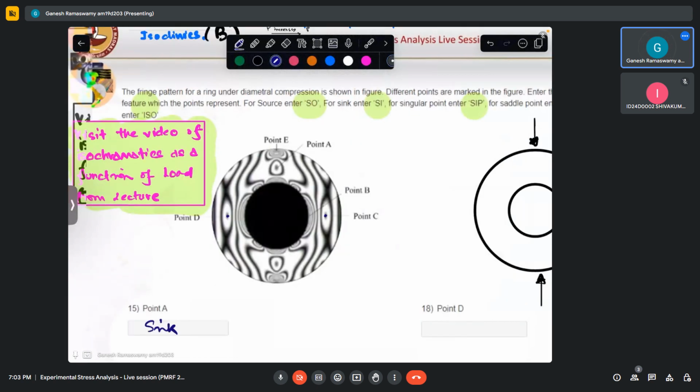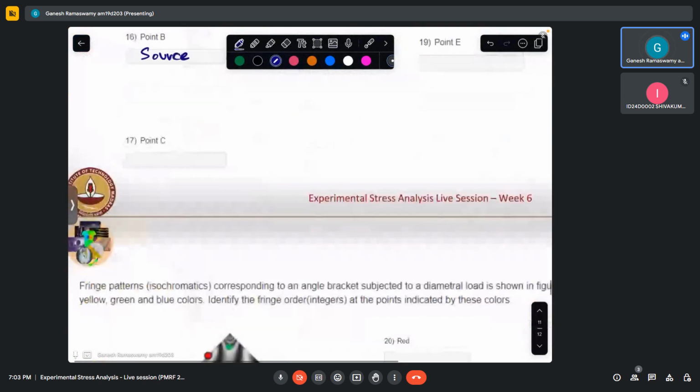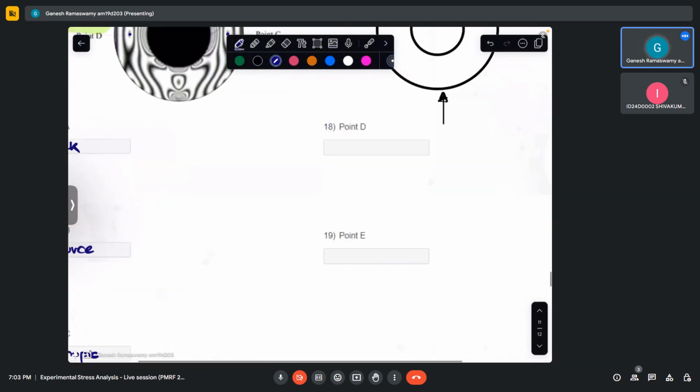So we have point C is an isotropic point, and point D is also an isotropic point.